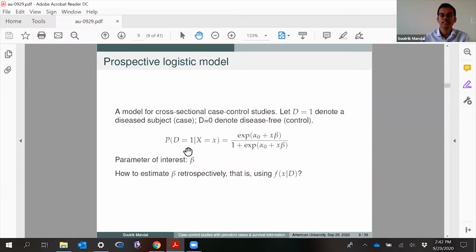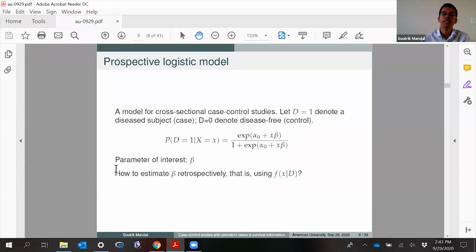Note that this is a prospective model, meaning that the exposure status is known. So given the exposure status, what is the probability of disease, right? And we are interested in this beta parameter, which is the prospective parameter.